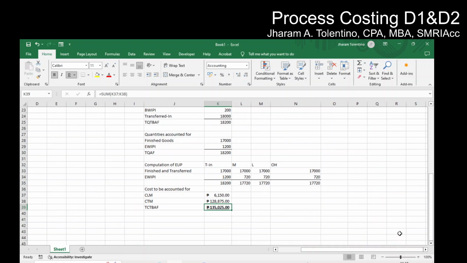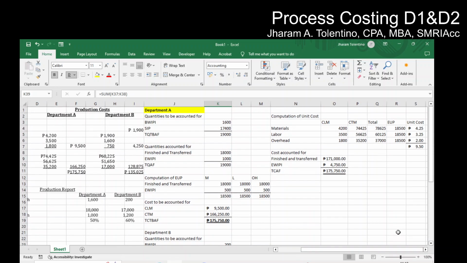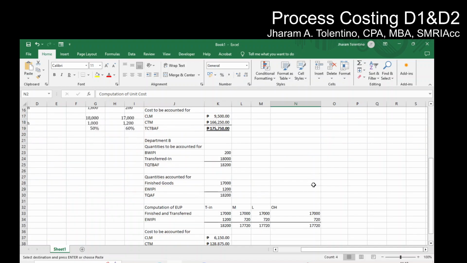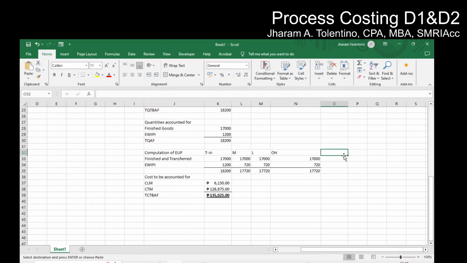Next, after the EUP, we go for the computation of the unit cost. Here it is. Okay, let's just copy this. Well, actually, for the computation of the unit cost, we will add something. What do we add? Transferred in.